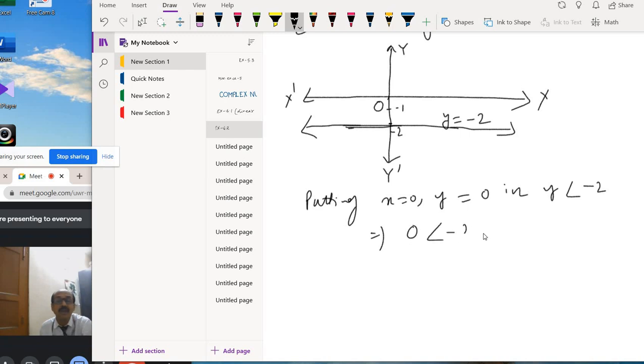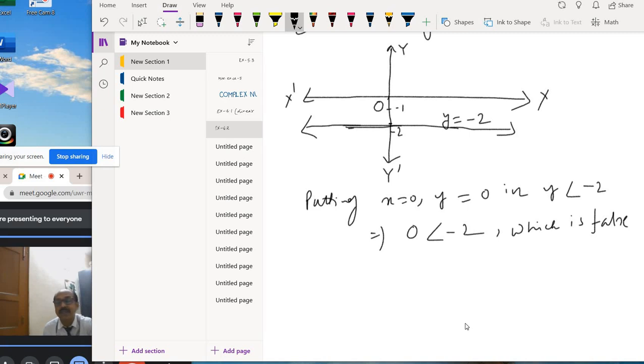So it is a false statement. 0 less than -2, is it true or false? False. 0 is always greater than a negative number. So which is false?